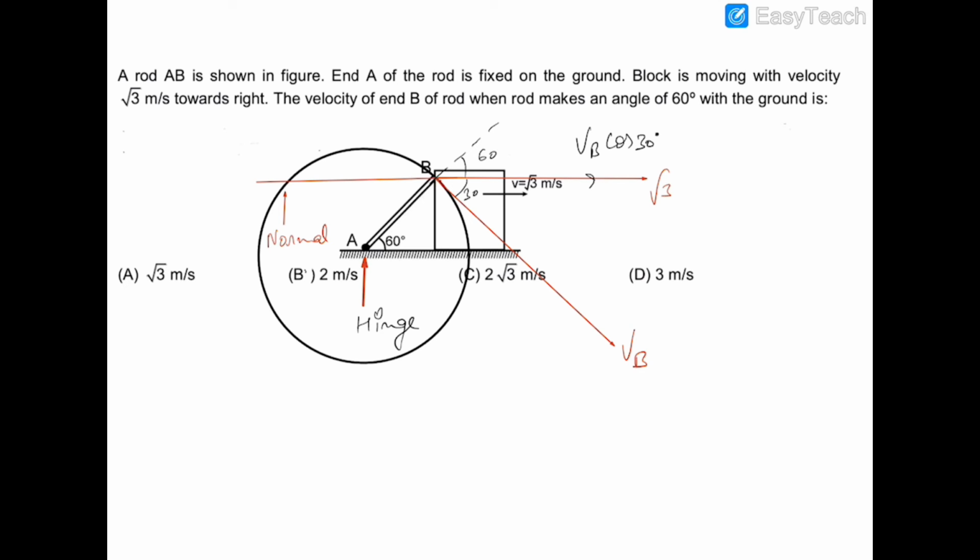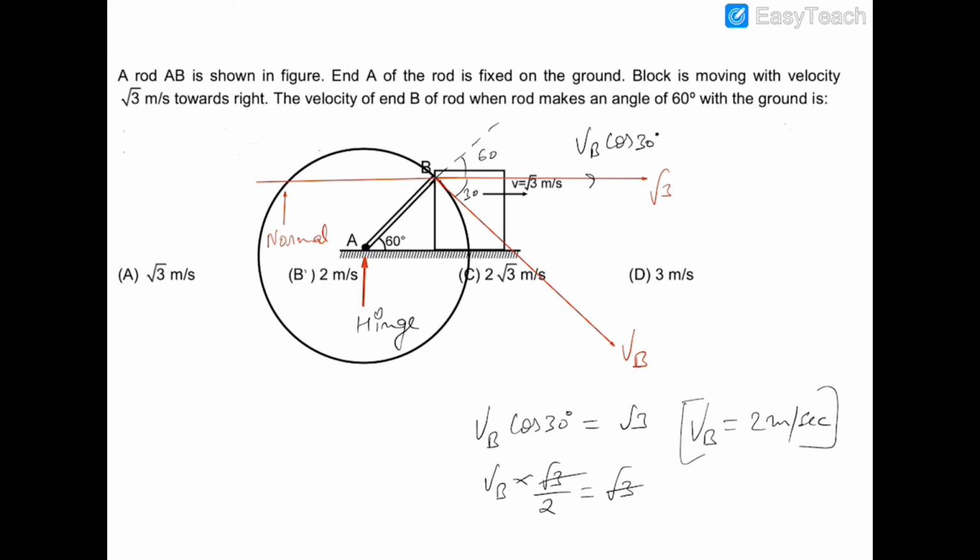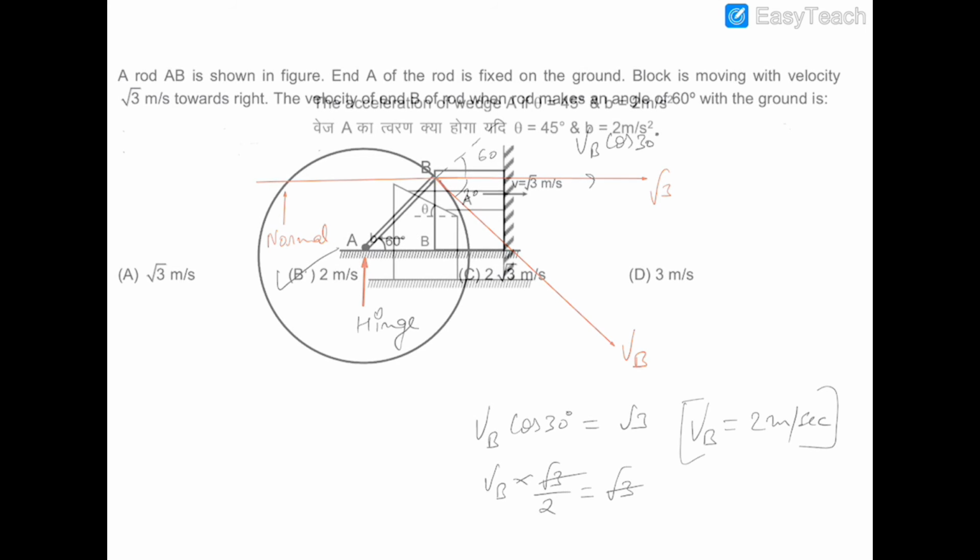Equating these two velocities, VB cos 30 is equal to root 3, and cos 30 is root 3 by 2, so VB will come out to be 2 meters per second. So the correct answer will be option B. Okay, now we move on to the next question.